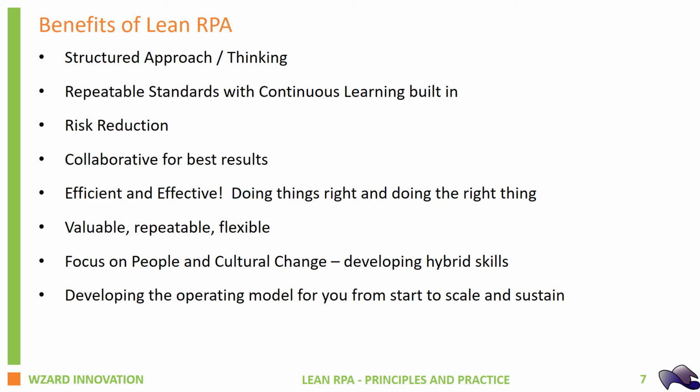Developing the operating model will allow you to scale and sustain. There are a variety of approaches to generating an operating model, but all of them contain some of the same components, which is having a clear purpose, understanding your customers and channels, and having a clear set of goals and vision for where you're trying to get to.